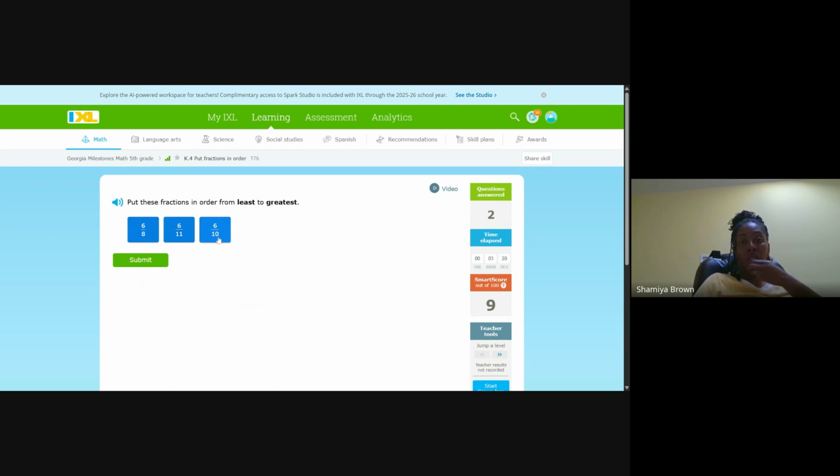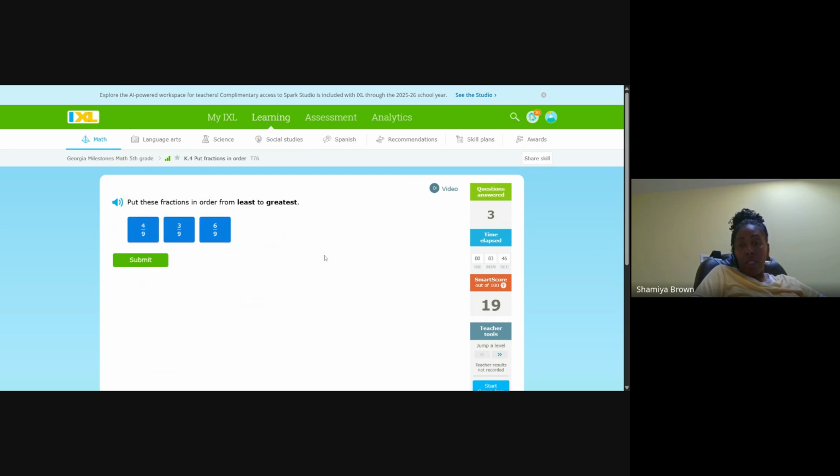So least would be 1/11, then 1/10, then 1/8. So 6/11 is definitely smaller than 6/10. 6/8 would be the biggest out of these. This is closer to a whole than these.